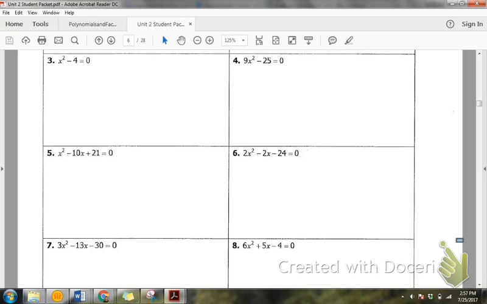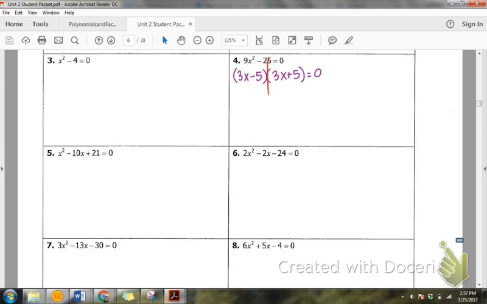So 9 is a perfect square, x squared is a perfect square, 25 is a perfect square. One has to be minus, one has to be plus. Set it equal to 0. Now what are we going to do with each of these? Split them and set them each equal to 0.